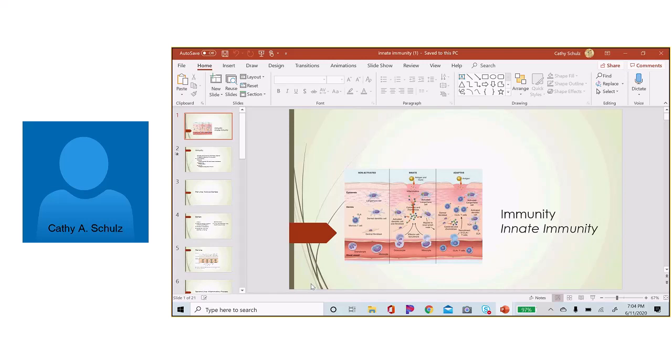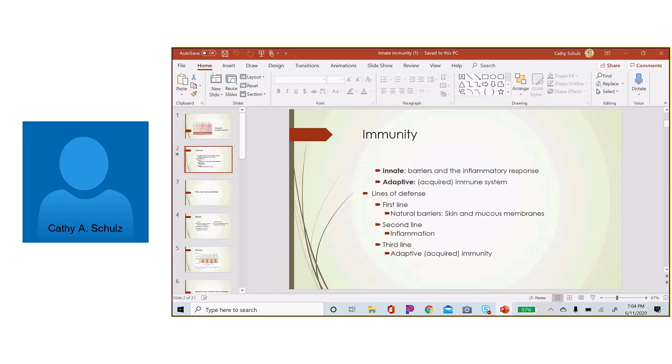So we're going to start with the body's first lines of defense. The first line of defense, barriers, and the second, the inflammatory process, are the innate immunity. The body doesn't have to be exposed to anything first. It's not something that's learned. This is natural, and it's the same response no matter what type of injury or what the body is exposed to.